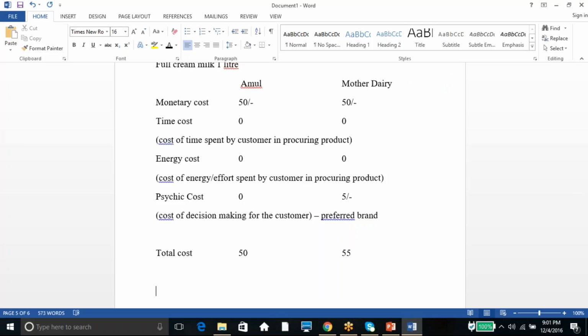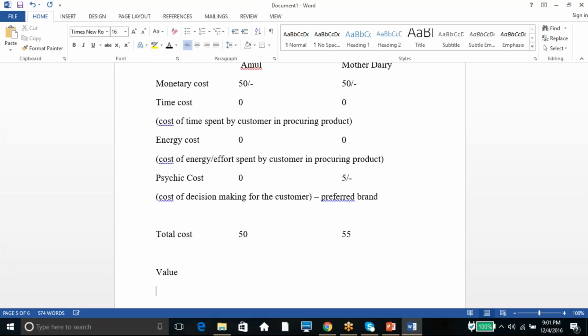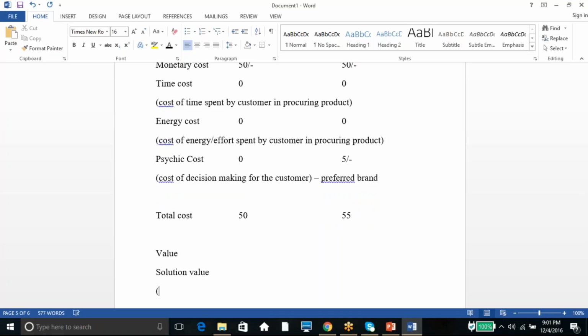Now let's come to the values. So solution value. Important, do not consider cost, price. Do not consider cost.